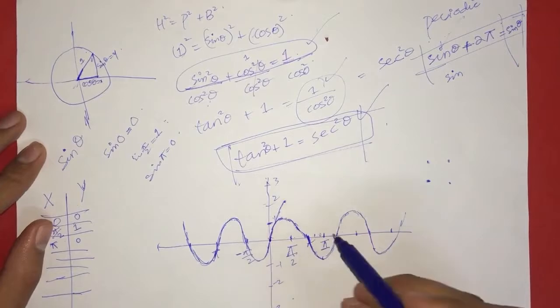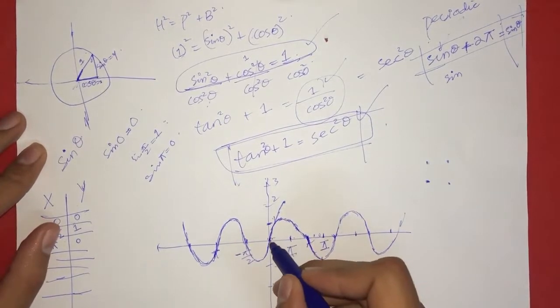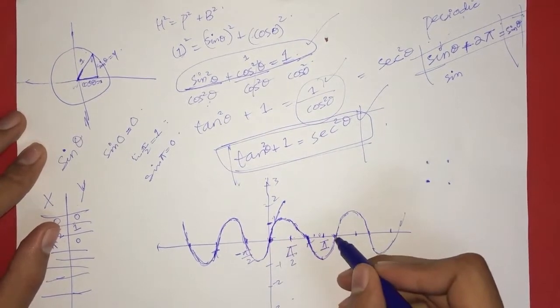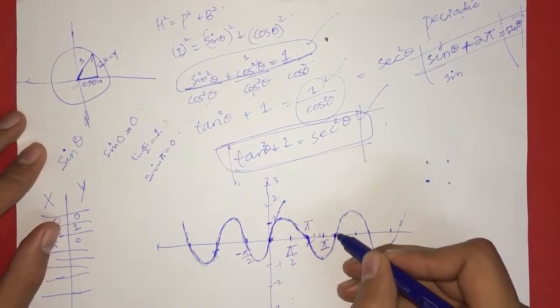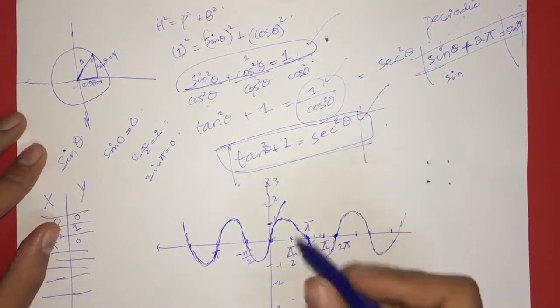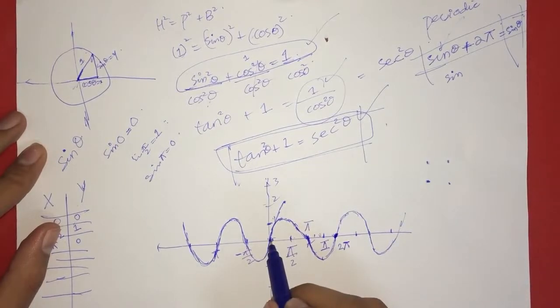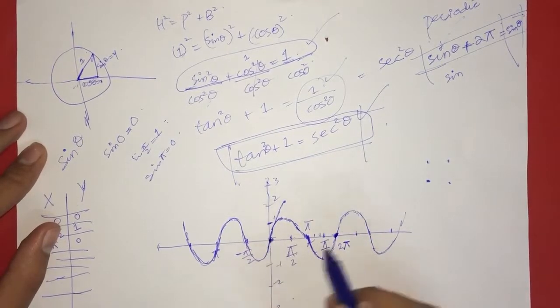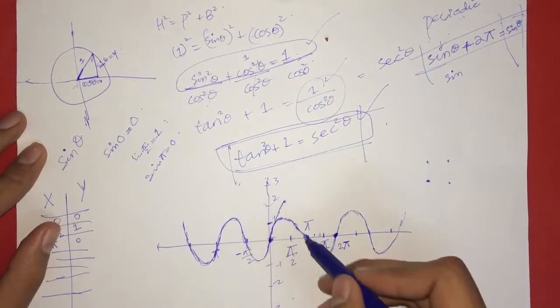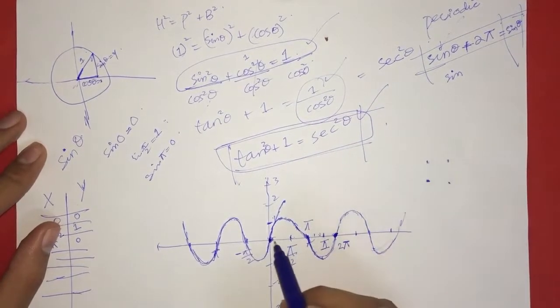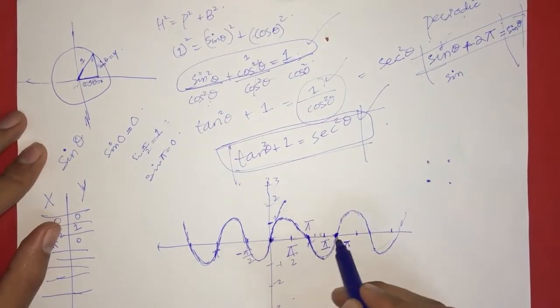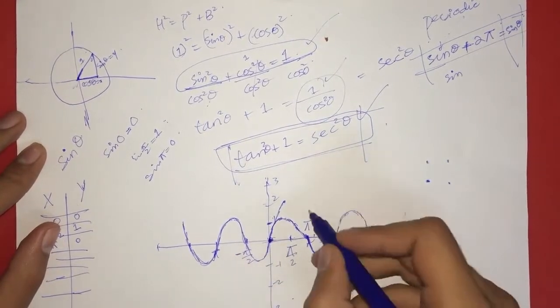So the period here, from here to here, we actually have 2 pi, because this is pi, and right here is 2 pi. This graph is repeating along the x-axis, so we have this as its period, and it is 2 pi.